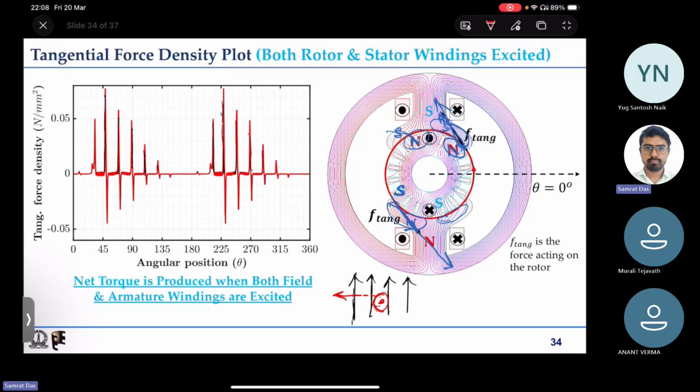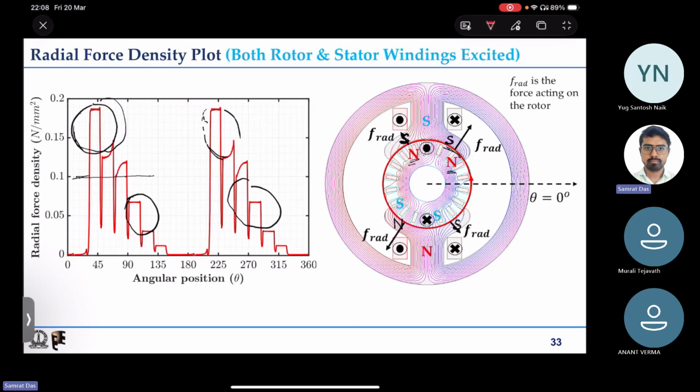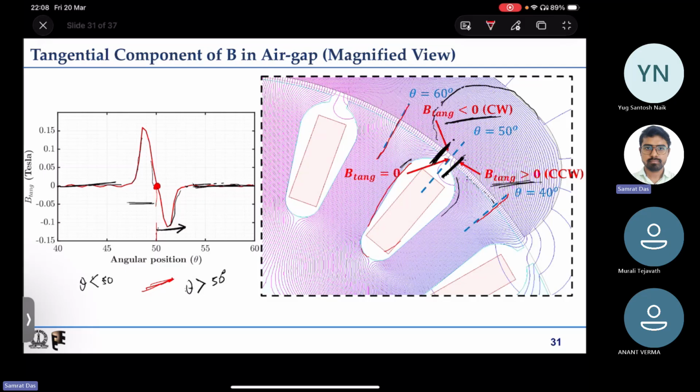So this is very commonly used for explaining how torque is produced in a DC machine, but that is not actually physically true, because the idea is that the flux lines pass through the conductors.